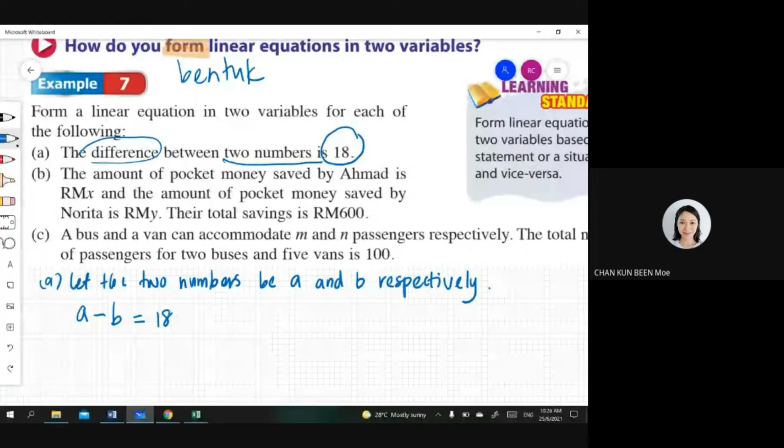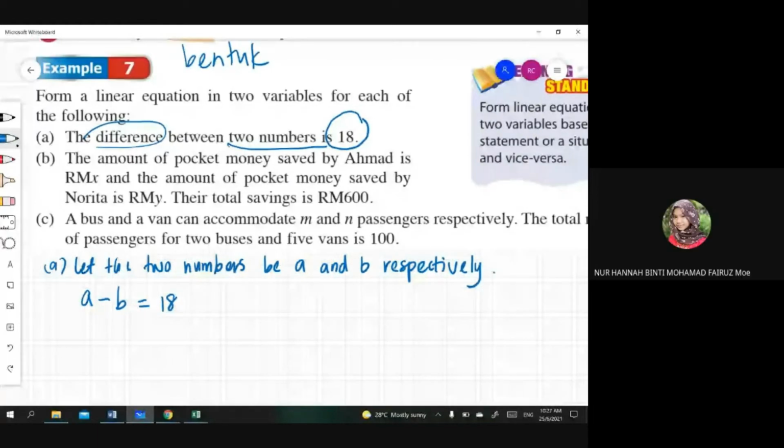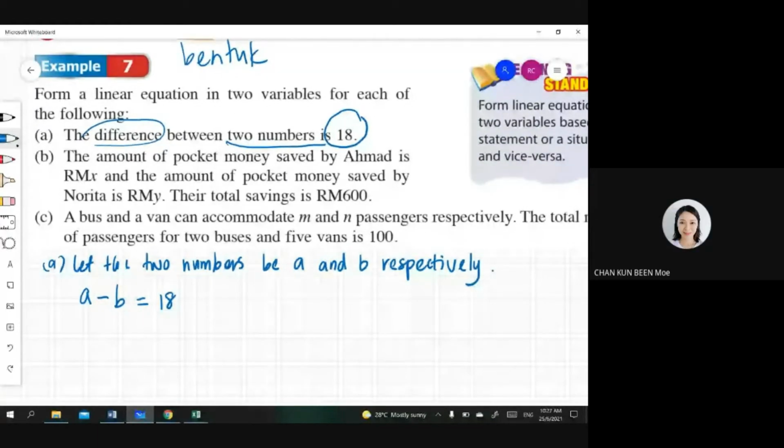Are you okay? Okay. If I give you another question, I said the total of two numbers is 20. Then can you form a linear equation for me? The total of two numbers is 20. Anyone? x plus y equals 20.